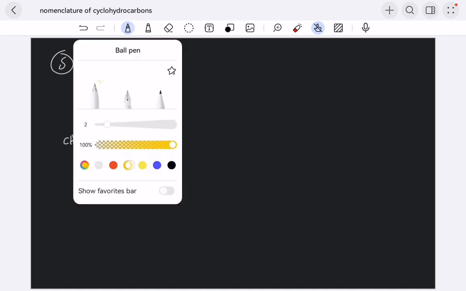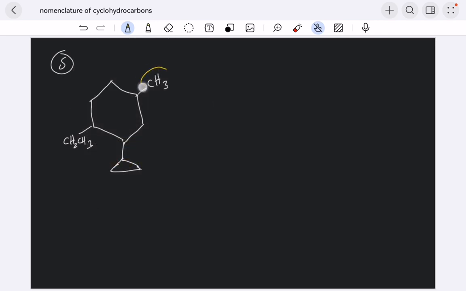In terms of substituents, we have this one here, a substituent here, a substituent here.